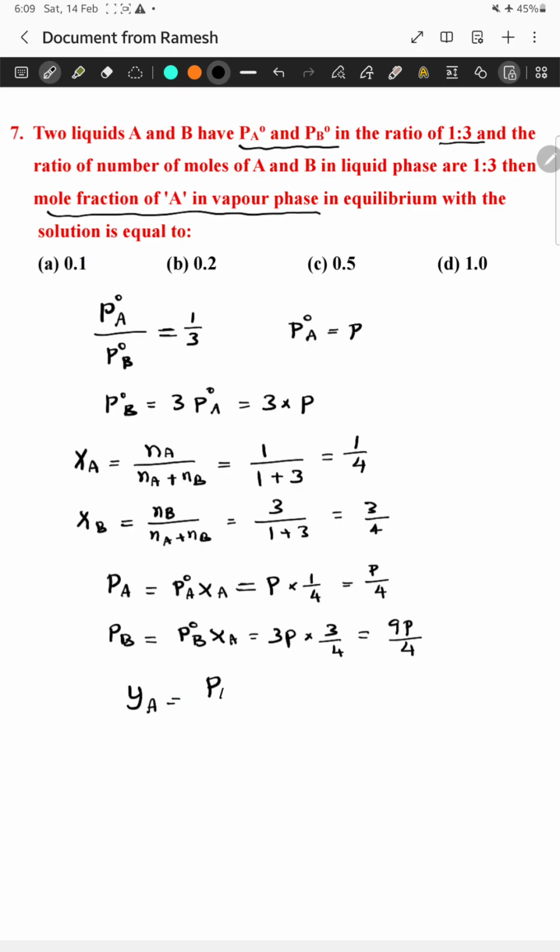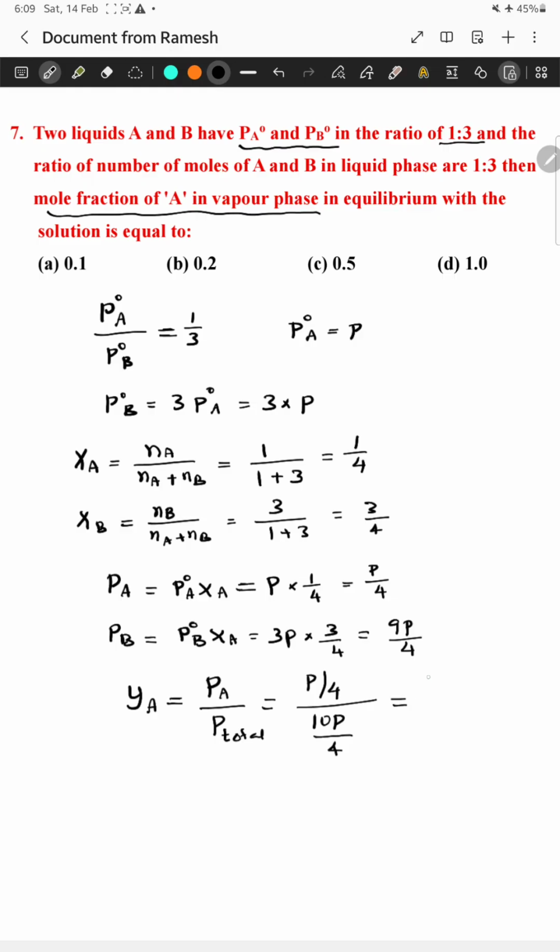So that is given by the formula: partial vapor pressure of A, Pa, divided by P total. Pa we have calculated as P/4. P total means you add these two things, Pa plus Pb, so you will get 10P/4.